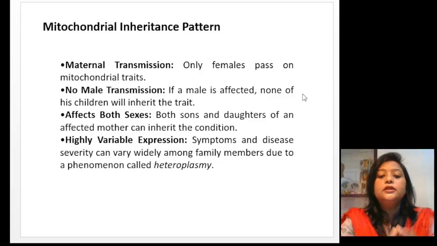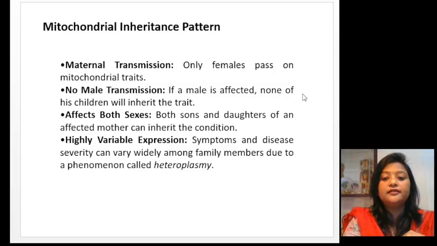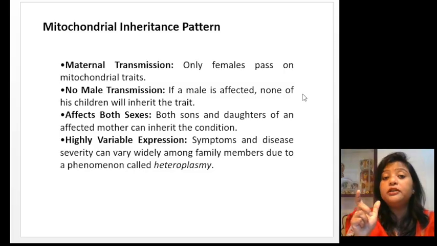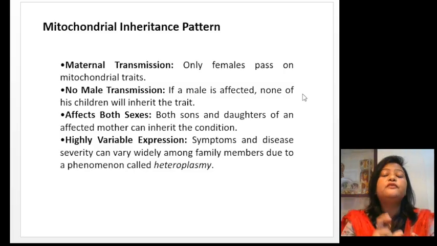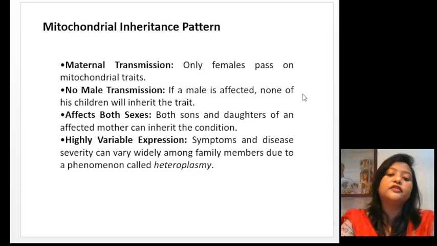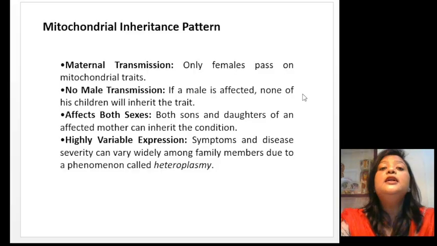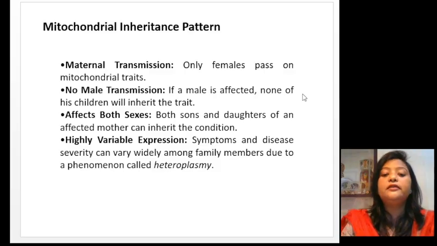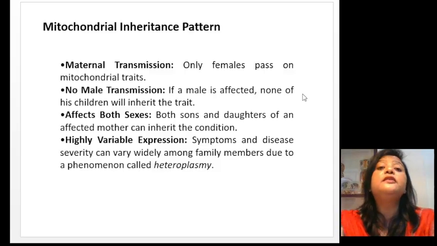Okay, in a family there are many members, and the severity of the disease and the symptoms might vary in all those members. Why? Because there's a phenomenon known as heteroplasmy, which I will discuss with you in my future slides. So because of heteroplasmy, these family members can have different symptoms of the disease, and even different severity of the disease.